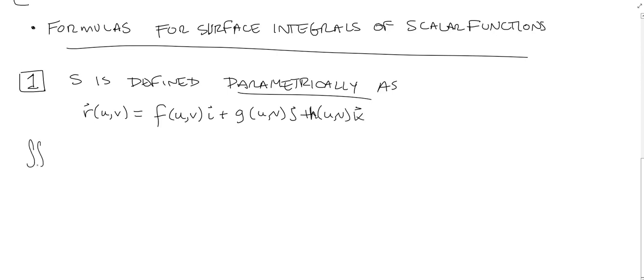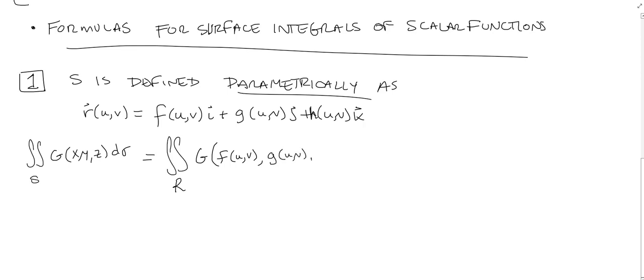Our surface integral, the double integral over our surface of G of x, y, z d sigma, in this case is evaluated as a double integral over region R of our function G evaluated at the components from our parameterization: G of f of u, v, g of u, v, h of u, v.